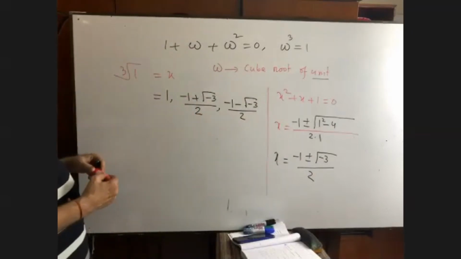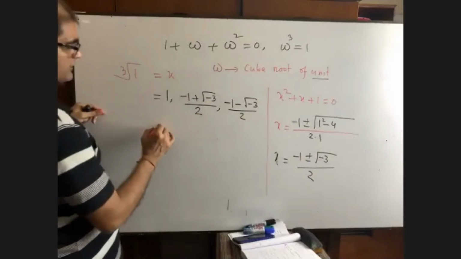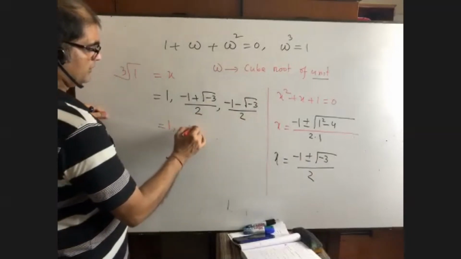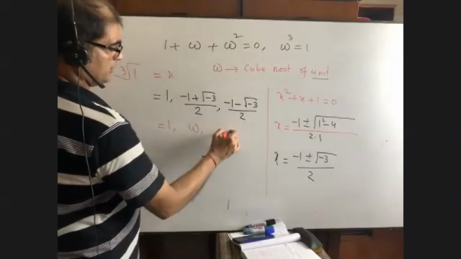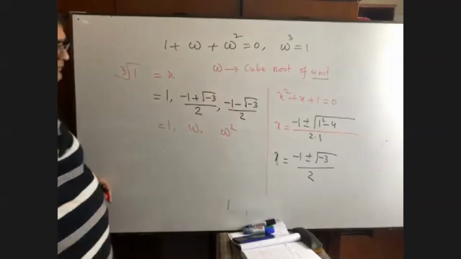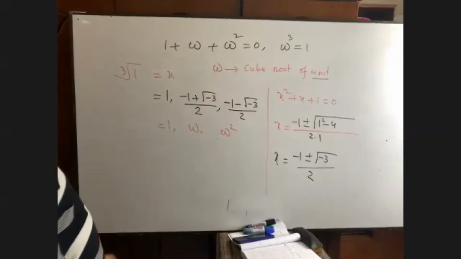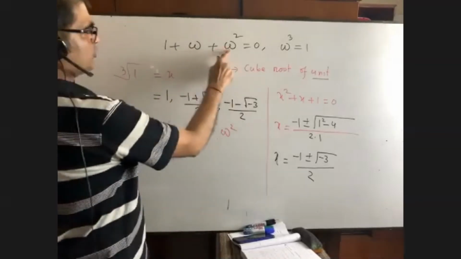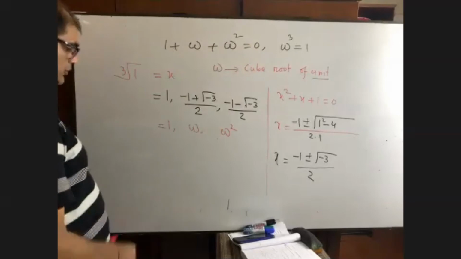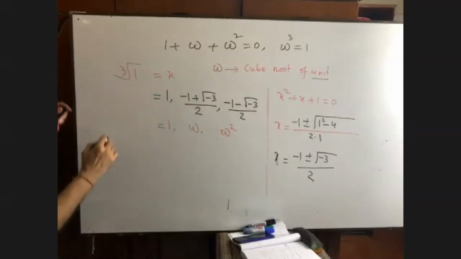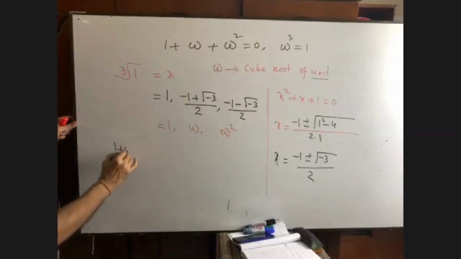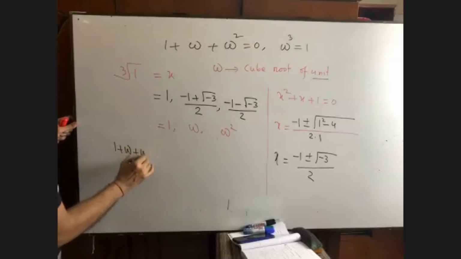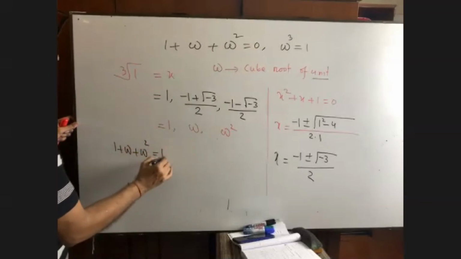Okay, the interesting fact is that it is considered 1, omega, omega square. Now it is written here 1 plus omega square equals 0. Very good. Let's try to do it.